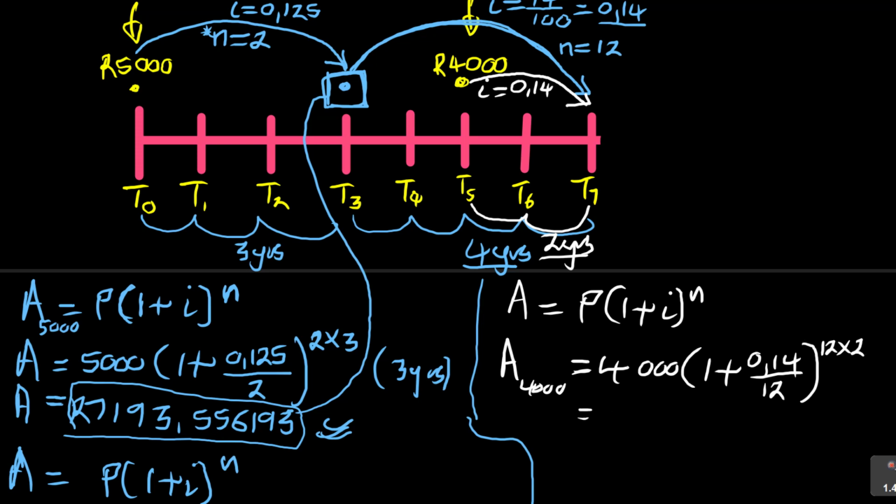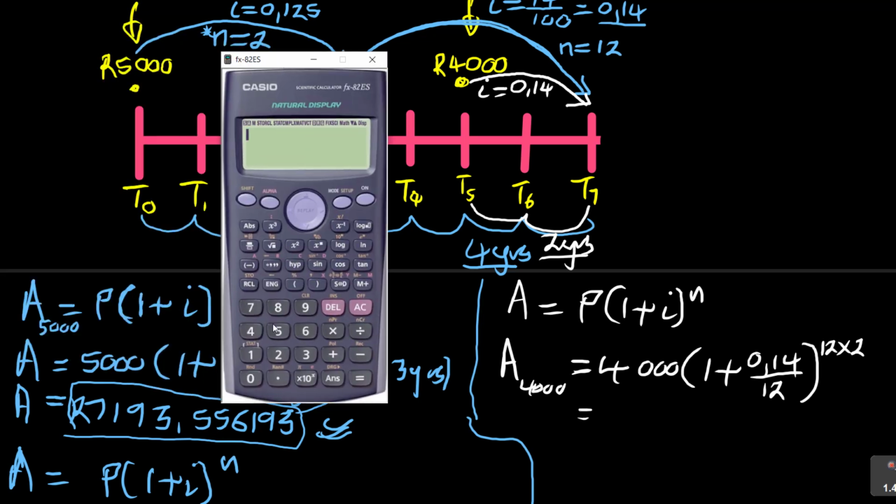Then you do that. Put this together. 4,000 bracket 1 plus 0,14 over 12. Are you with me, guys? And then close, and then to the power 12 times 2. Okay, what do we have? I've got 5,283 rand 95.